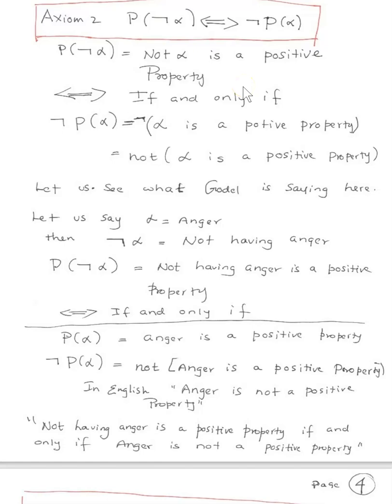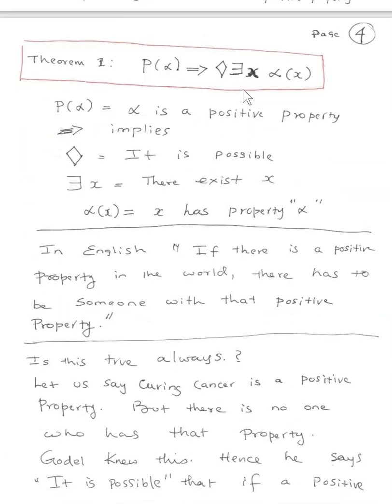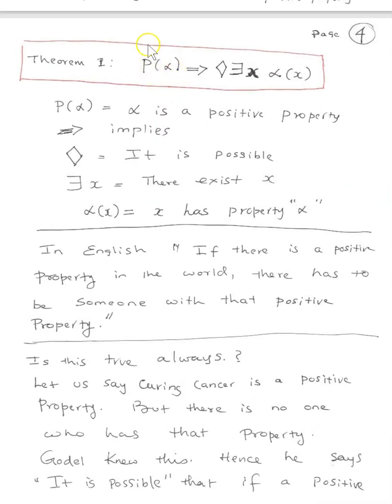Now let's go to the next one, Theorem 1. Here it says alpha is a positive property implies it is possible that there exists x, alpha x, where x is a person.